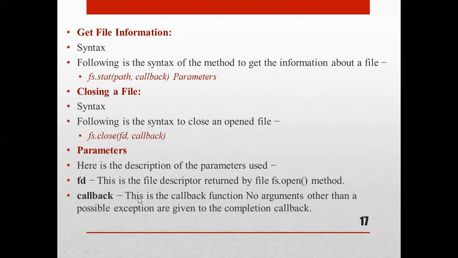The callback is a function with no arguments other than a possible exception given to the completion callback. We can pass an empty function here as a callback. So these are two functions: fs.stat for getting the file information, and fs.close for closing a file.